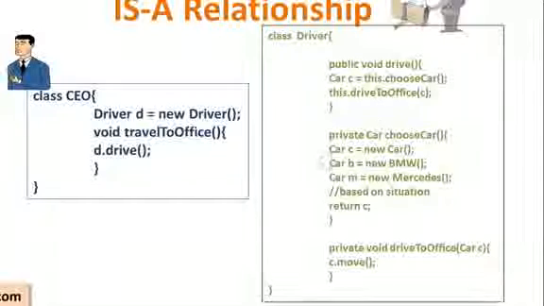I'm creating 3 instances of cars. You can see Car c is equal to new Car, new BMW, new Mercedes. All these objects are referenced by a Car type reference. This is a very important concept here. That means a superclass reference is actually referring to subtype objects.